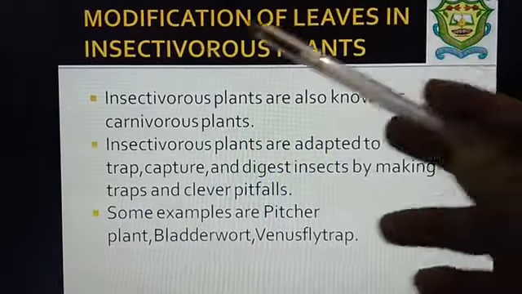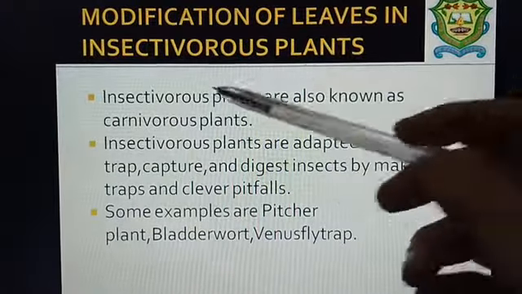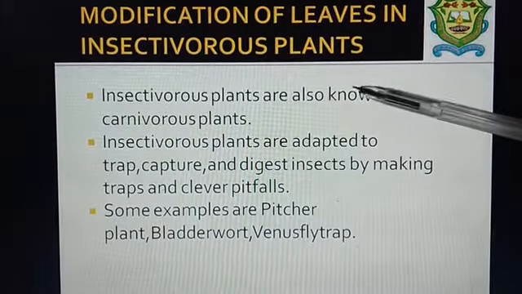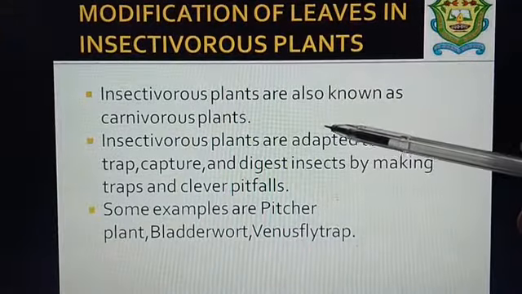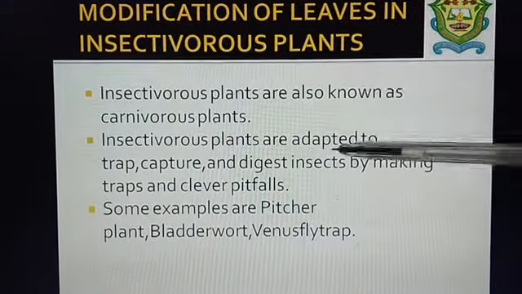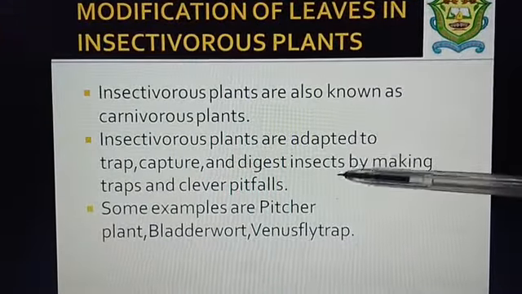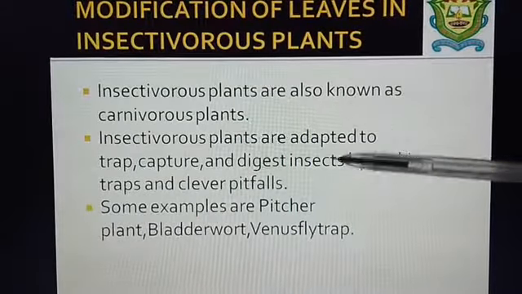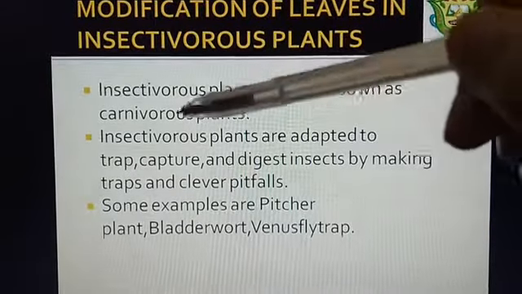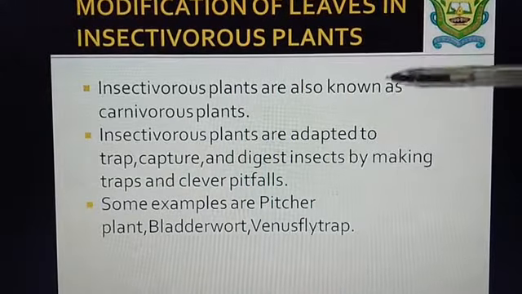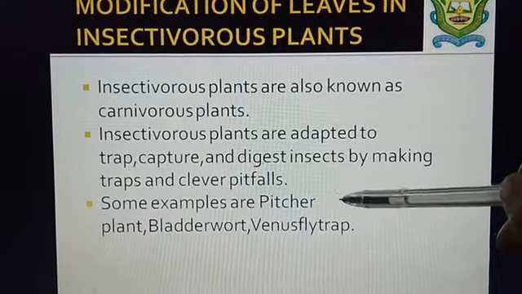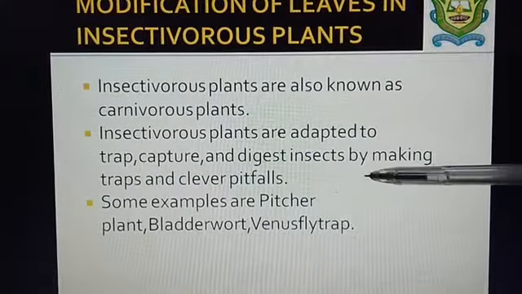Modification of leaves in insectivorous plants. Insectivorous plants are also known as carnivorous plants as they feed on insects. They usually occur in damp swamps, muddy or sandy shores where there is abundance of water but lack of nitrogenous material due to unfavorable soil conditions.